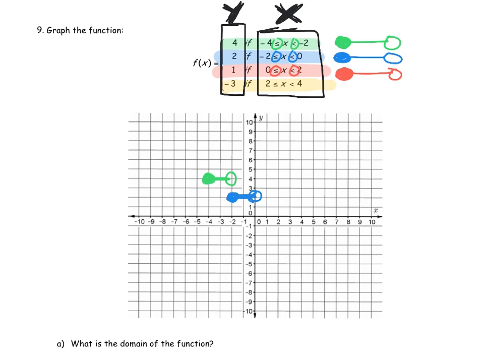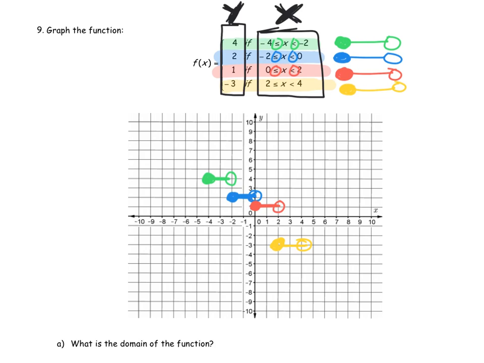And x is between 0 and 2, we have a y value of 1. And then lastly, again, closed to open, we have a y value of -3 between 2 and 4.